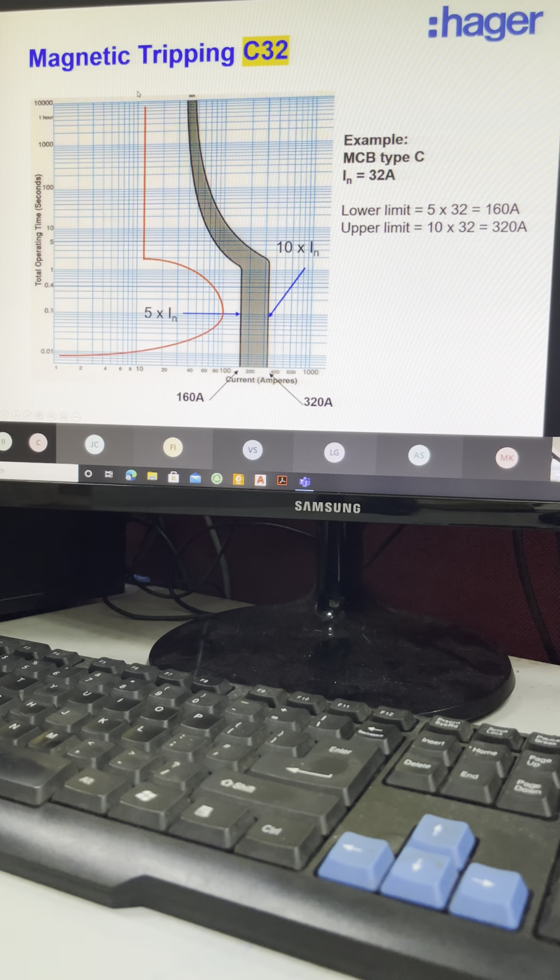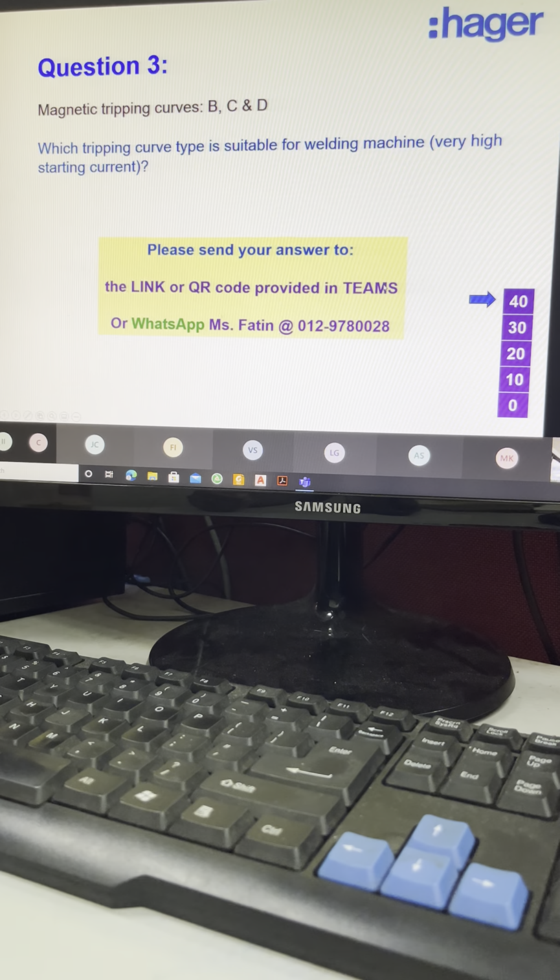First, the running current must be as close as possible to your overload protection. Your instantaneous tripping curve must be away from the highest starting current to ensure no nuisance tripping during starting. Okay, that's all about the concept of the magnetic tripping curve.